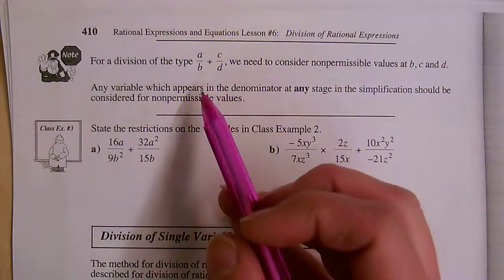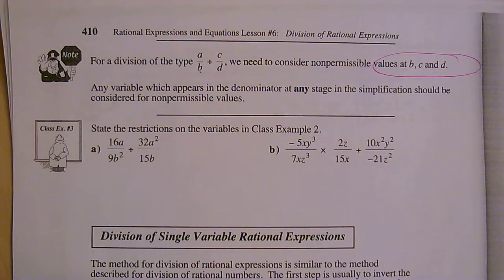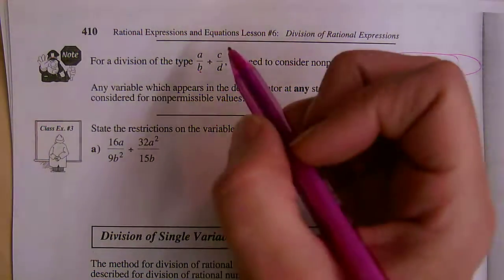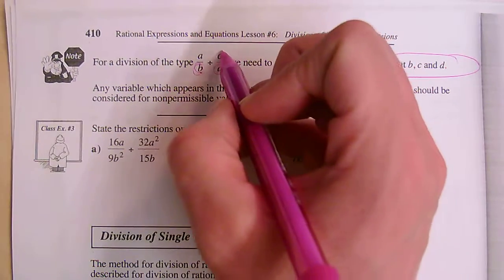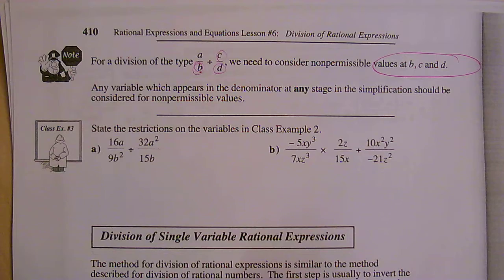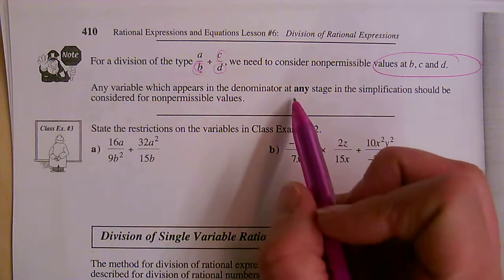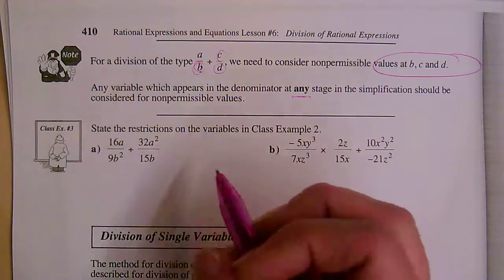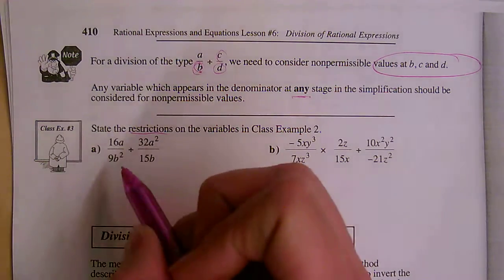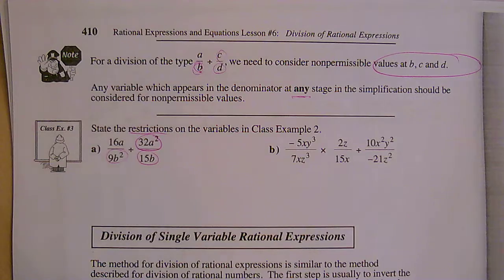Okay, so for a division of this type, we need to consider the non-permissible values of b, c, and d. So the two obvious denominators, and then the numerator of that second term because you're flipping it. So any variable which appears in the denominator at any stage is obviously considered for non-permissibles. State the restrictions. So that's going to be those terms right there.